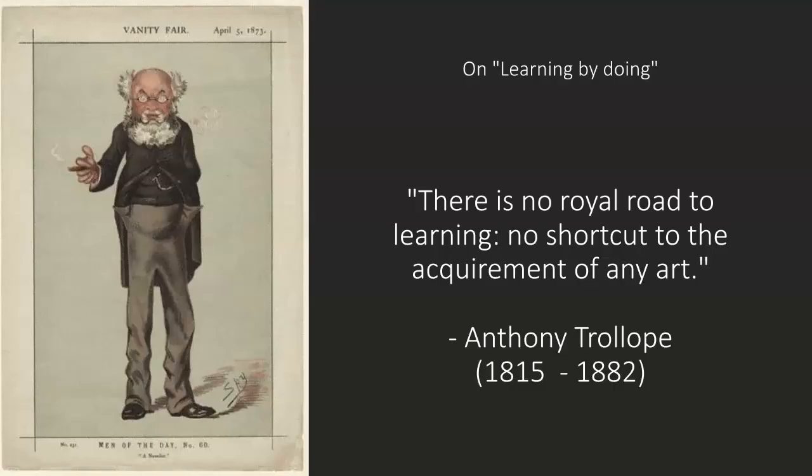Okay. You'll see that I like to do this. I'll keep on feeding you some of these sayings. So this fellow, his name is Anthony Trollope. He was a writer. He wrote novels and works of fiction. Somewhere he wrote that there is no royal road to learning, no shortcut to the acquirement of any art.